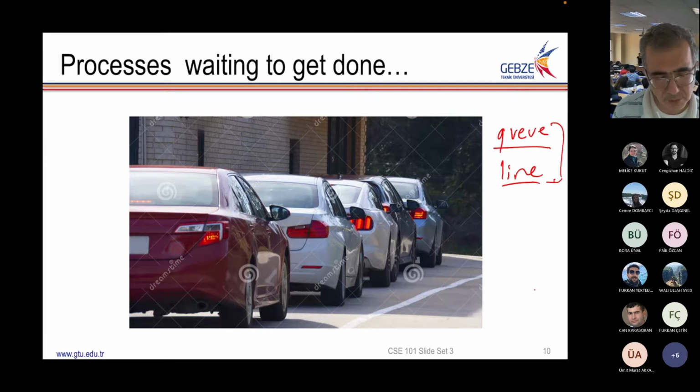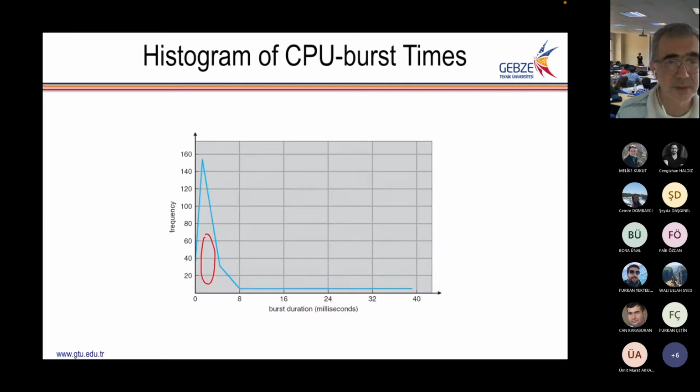Most of the tasks are easy, whether it's a barber, a mechanic, a tailor, or a CPU. Most of the things are around here. Only a few of them are longer. Very long ones are very rare.